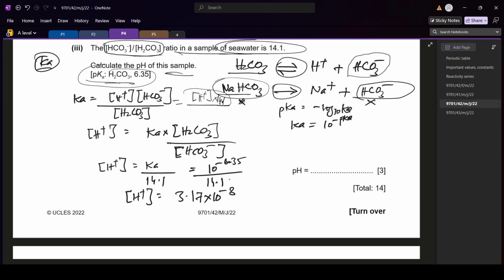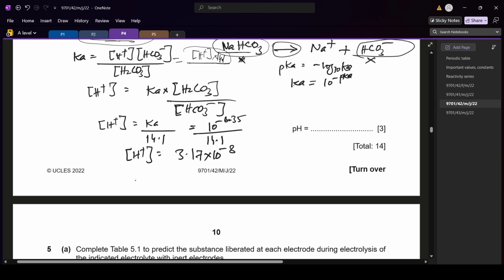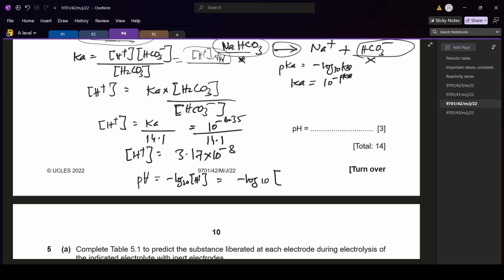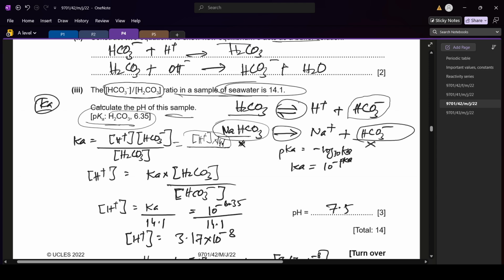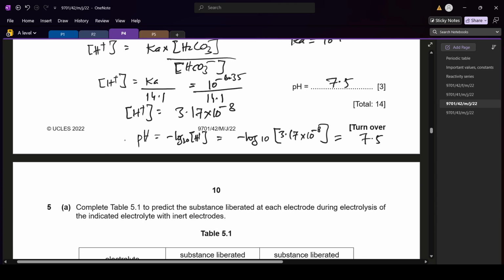Now you have the concentration of H plus ions, so pH is equal to minus log 10 of H plus ions. So you will have minus log 10 of 3.17 times 10 to the power minus 8, which will give you a pH of 7.5.